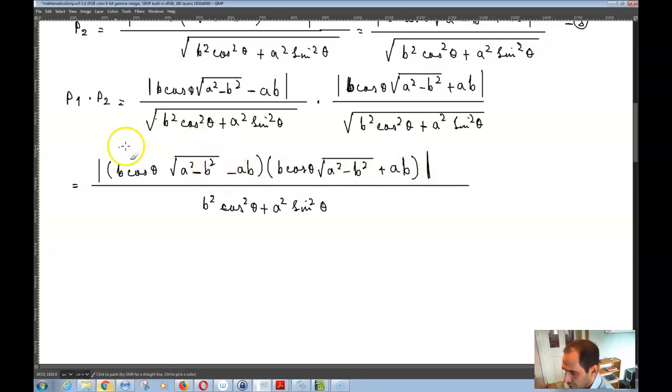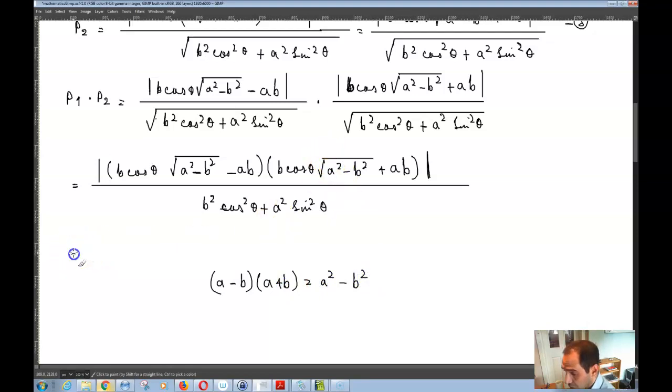So you can take this whole thing as a and this whole thing as b. So this is a minus b times a plus b, which is equal to a squared minus b squared.